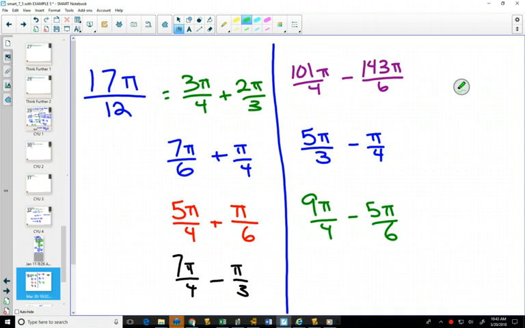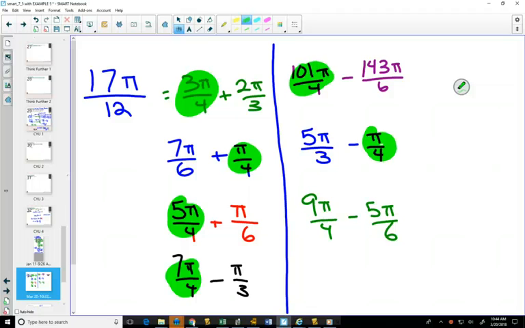They always have 1 pi over 4. So if we look at the first one, this one has a pi over 4, this one has a pi over 4, this one has a pi over 4, this one has a pi over 4. We knew that we had to use pi over 4, pi over 3, and pi over 6 families, but in looking at all 7 of these, we always had a pi over 4 family.